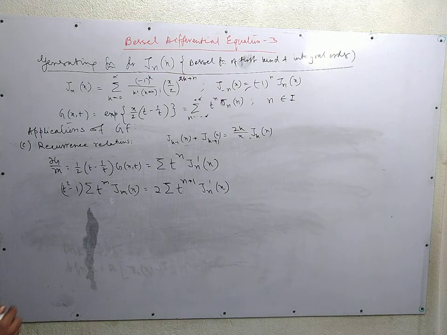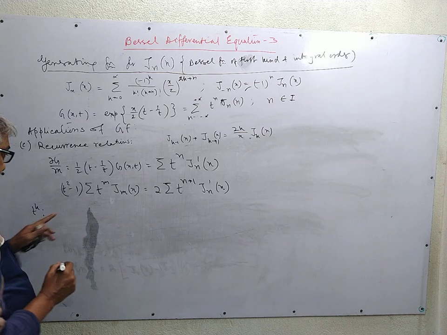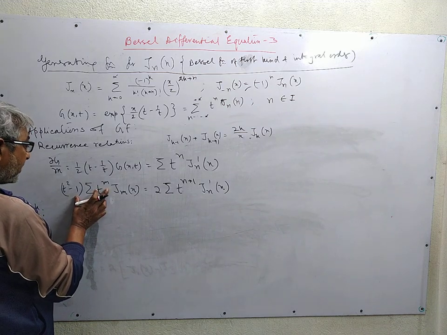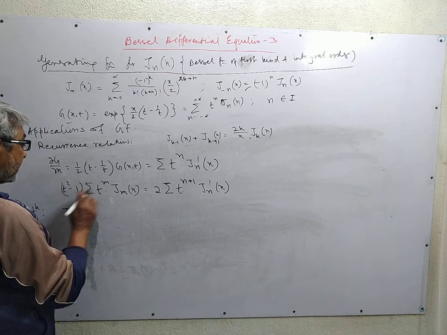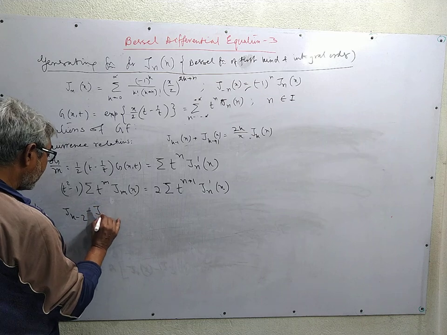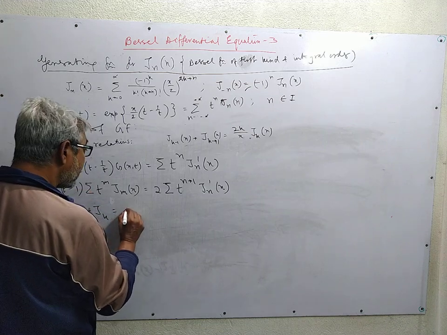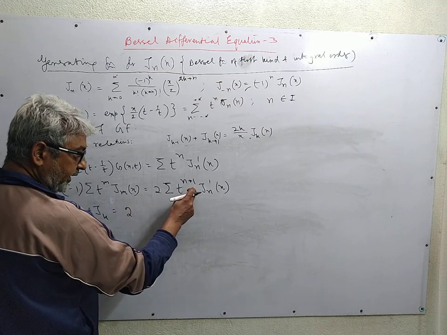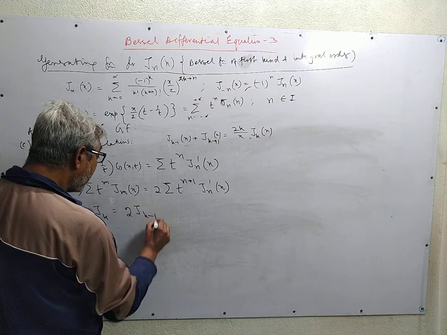If we collect the coefficient of t to the power k, the first term contributes with m plus 2 is equal to k, so m is equal to k minus 2. The second term contributes when m is equal to k. And on the right hand side we have n plus 1 is equal to k, so n is equal to k minus 1.